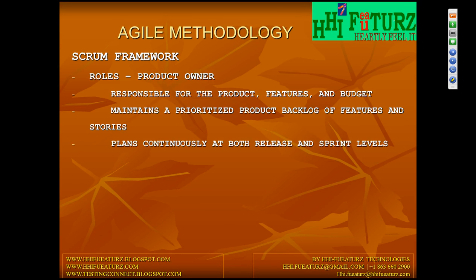Whenever you are planning, you may not be sure which user story depends on which user story. Let us suppose for this sprint you planned login, registration and compose mail. Once you get into development, you may realize something else.